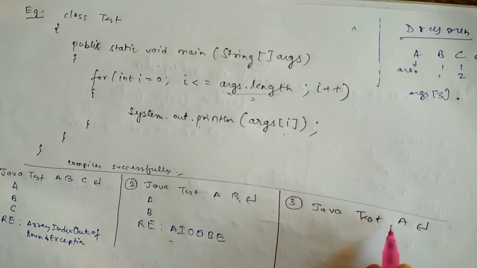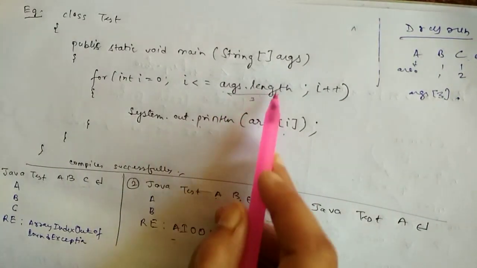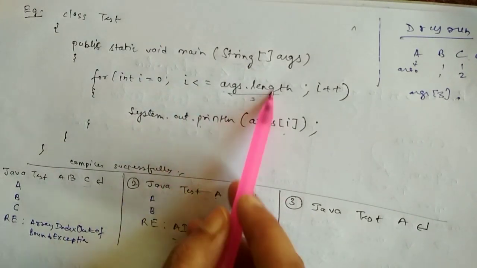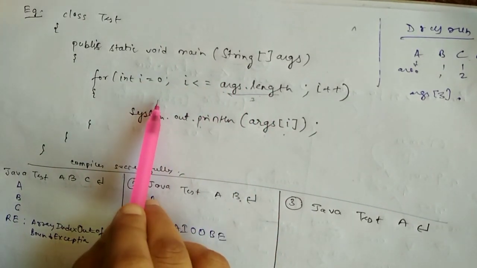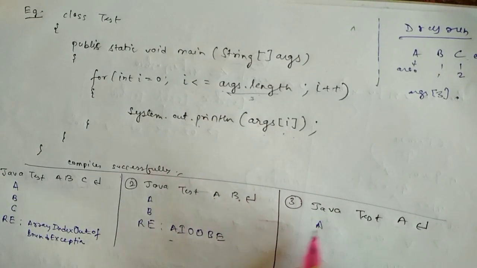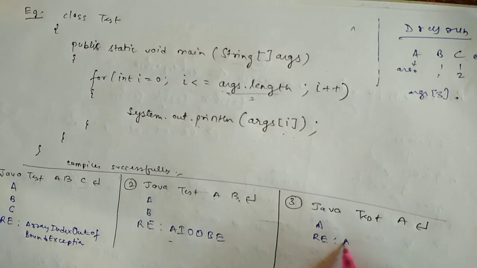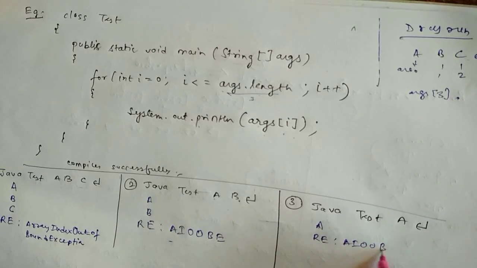And similarly in the third case where A is the only input, args.length is 1, but the loop will run 2 times for 0 and 1. For the 0 place we have A, and for the 1 place we don't have any input, so it will give an array index out of bound exception.